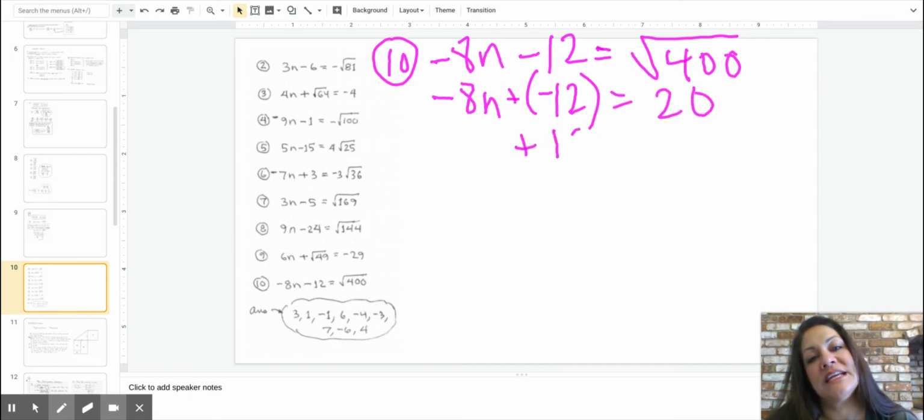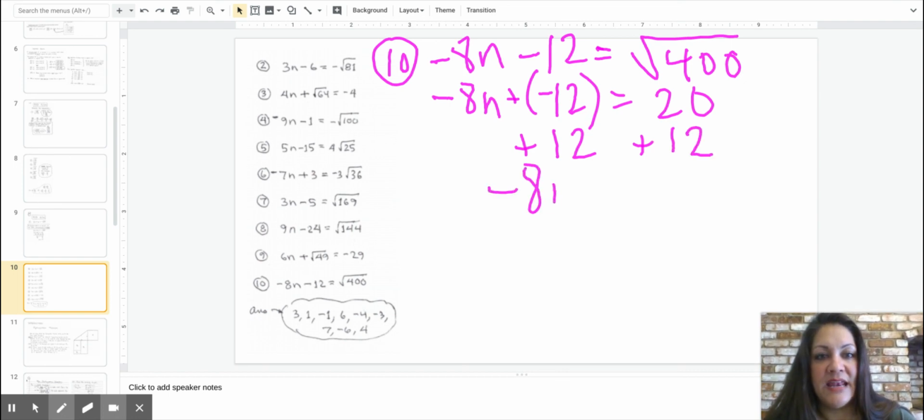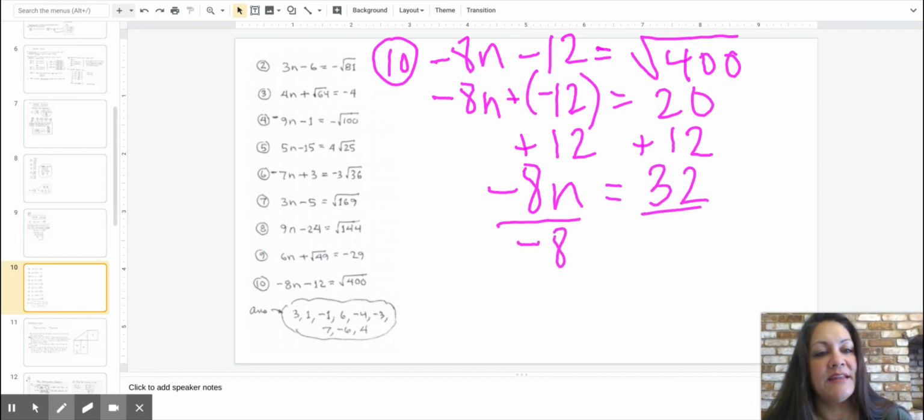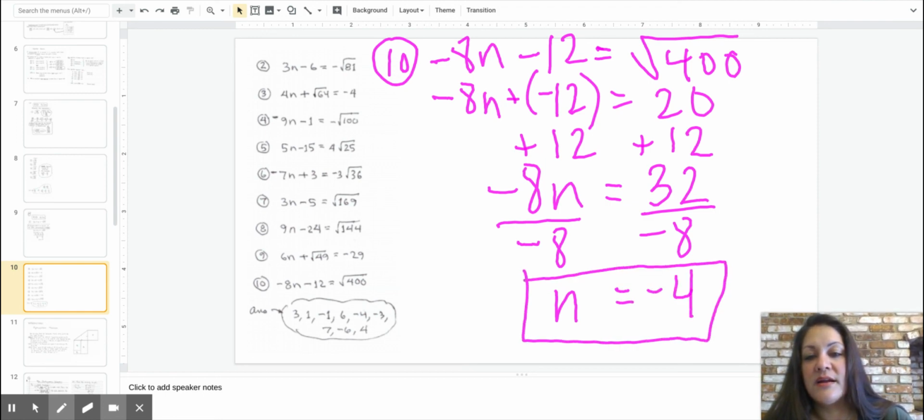Add 12 to each side. Negative 8n equals 32. Divide each side by negative 8. Positive divided by a negative is negative. So n equals negative 4. And there it is. Right?